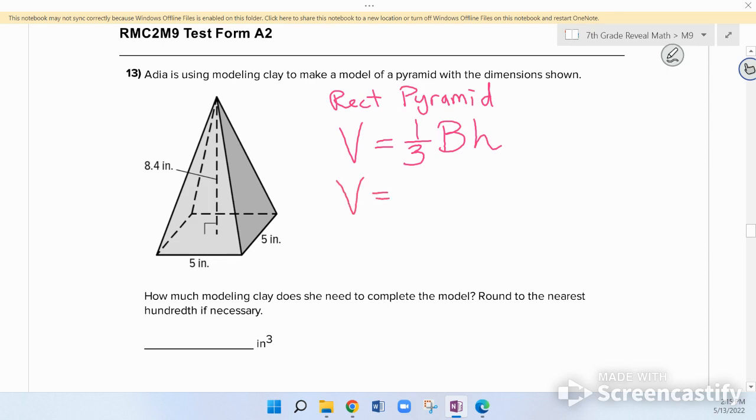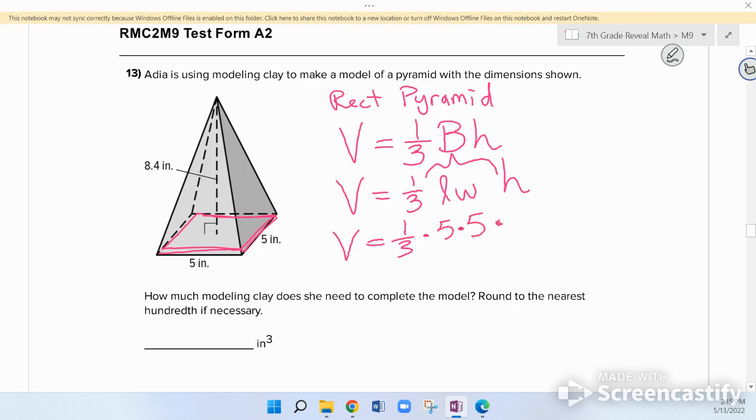All right, remember when we filled up one of the pyramids and dumped it in? It only filled up a third of a prism. So you'll only have the prism formula; you have to remember the pyramid formula. All right, we just have to plug in now. The base shape is a rectangle, so we can just do LW and put the H with it. And we have the 1/3 still. Now, the LW just refers to the base here, so that's going to be 5 times 5.